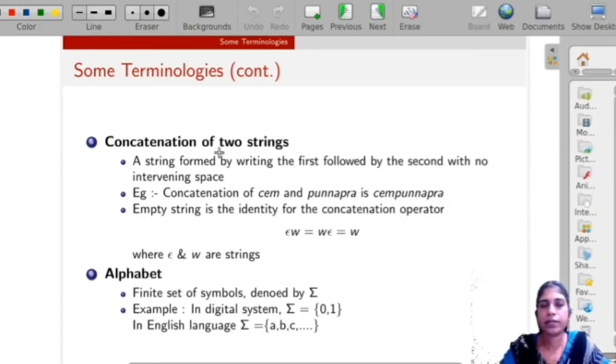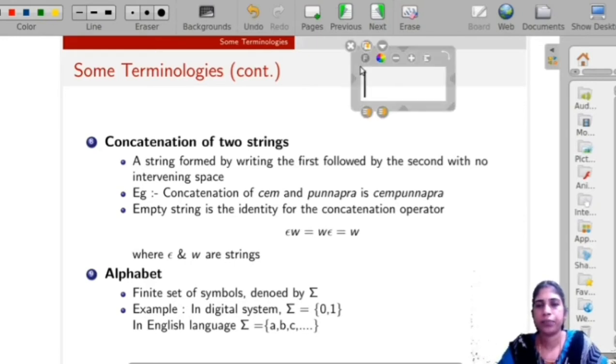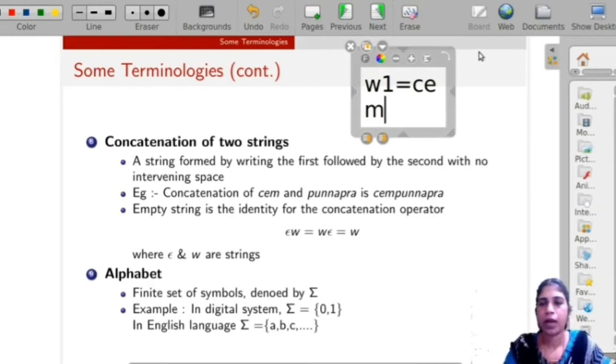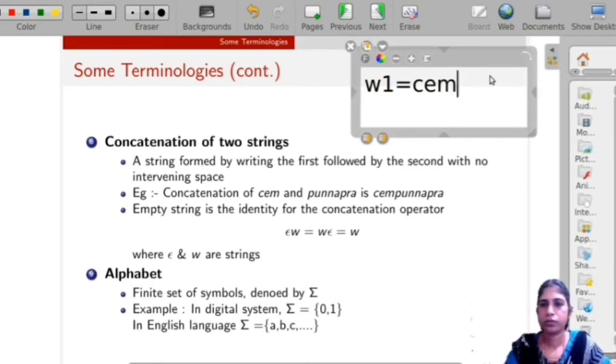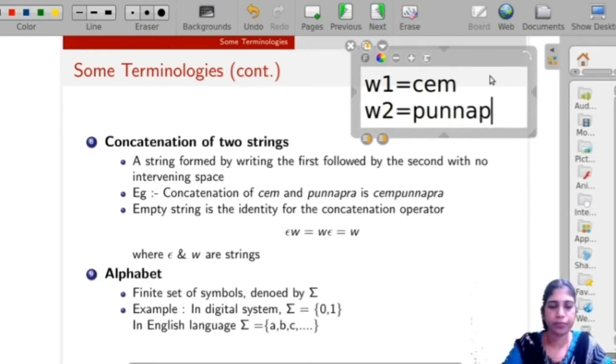Next is concatenation of two strings. The concatenation of two strings is formed by writing the first string followed by the second string with no intervening space. For example, suppose our first string w1 is equal to CEM, and the second string w2 is equal to Punnapra.